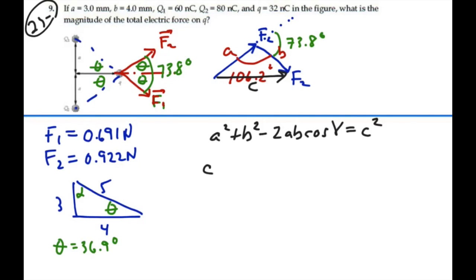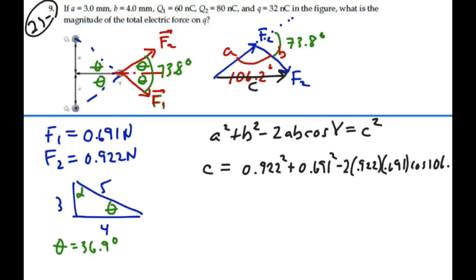In other words, c is going to equal the square root of a squared, which is 0.922 squared, plus b squared, which is 0.691 squared, minus 2 times 0.922 times 0.691 cosine 106.2 degrees.